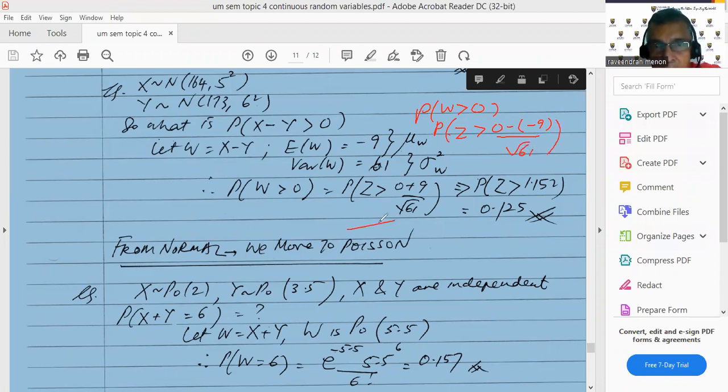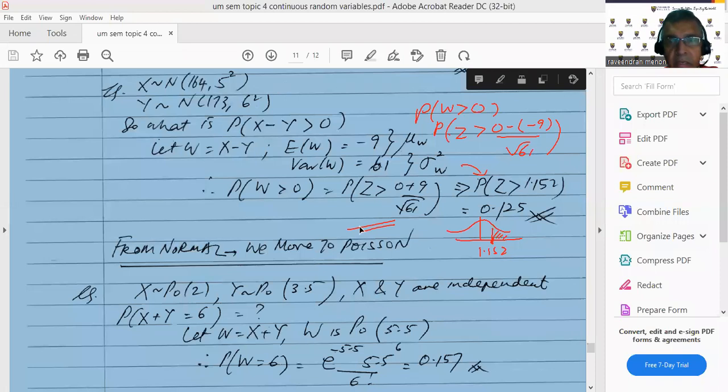That's what you see here. 0 minus minus 9 is plus 9. Then when you work this out, you are going to find the probability that Z is bigger than 1.152. Use your tables, and you'll get 0.125. Okay, good.